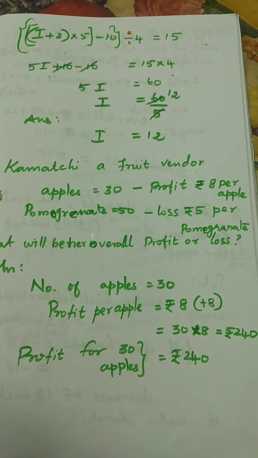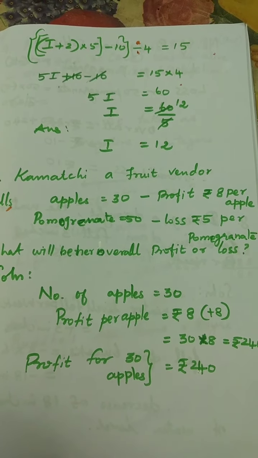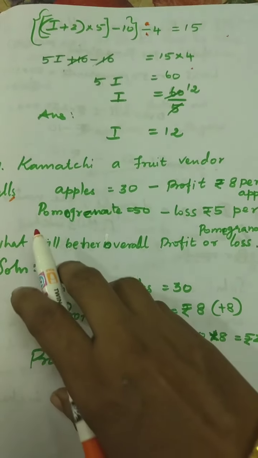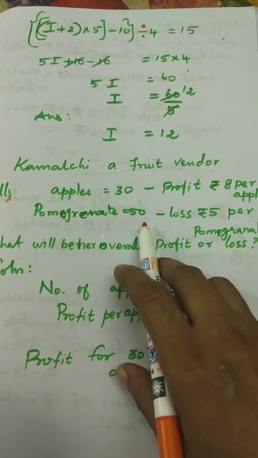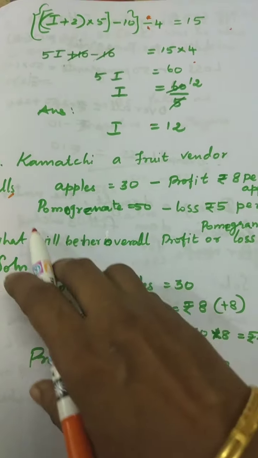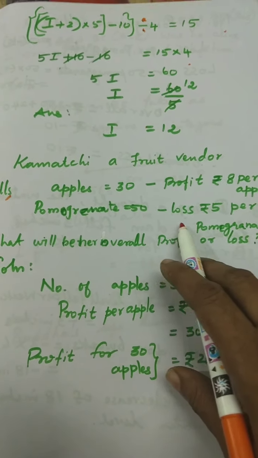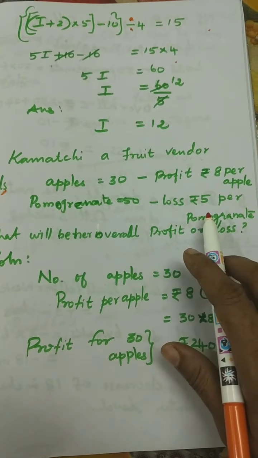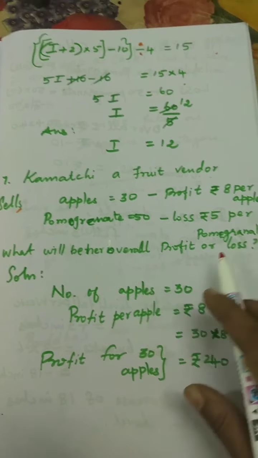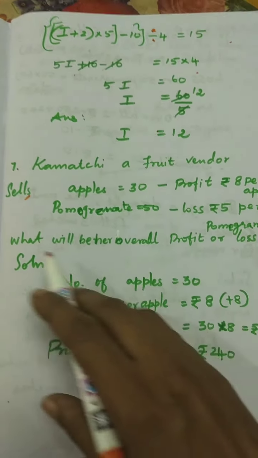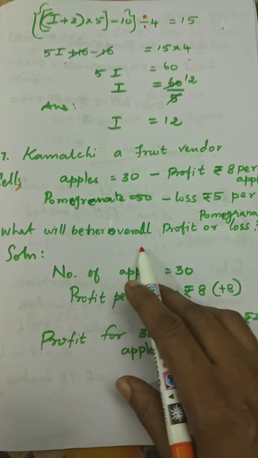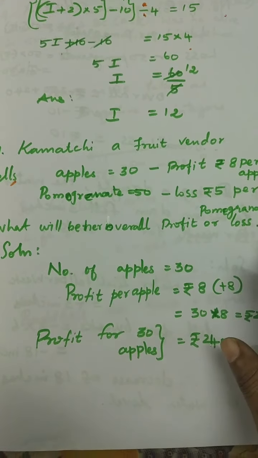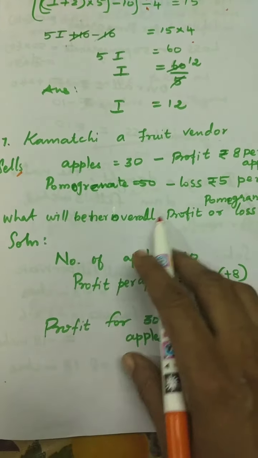Then she sells 50 pomegranates, and in that she got a loss of rupees 5 per pomegranate. Then what will be her overall profit or loss? Now we shall calculate that.